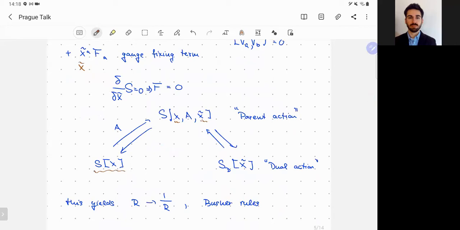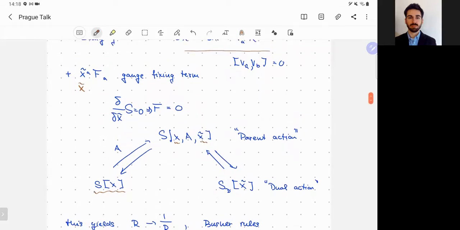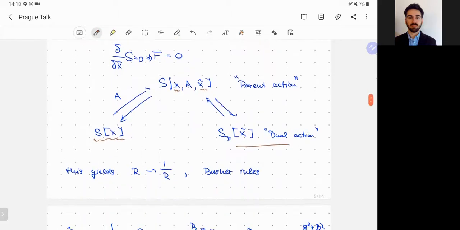It turns out that if I do something else, if I integrate out x instead, I can pass to a dual model and find the dual action. In particular for the S^1 background, which I was introducing on the previous slide, if this model was on a circle of radius r, the dual one will be on a circle of radius 1/r.